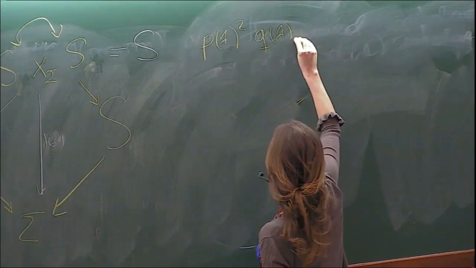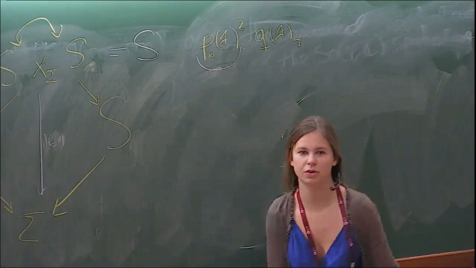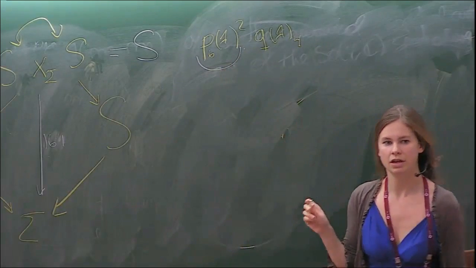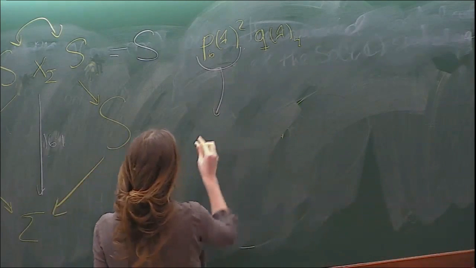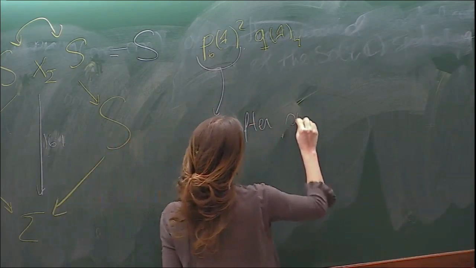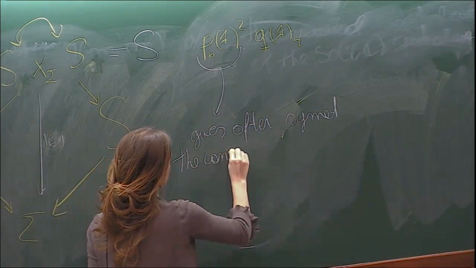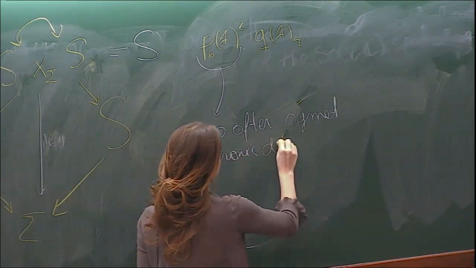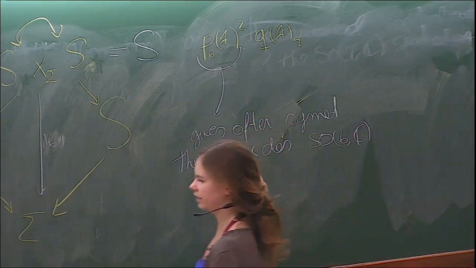This will be of degree 4, and this will be of degree 6. This polynomial, when you symmetrize under the involution, will give you the canonical desingularization of your SO6 spectral curve.